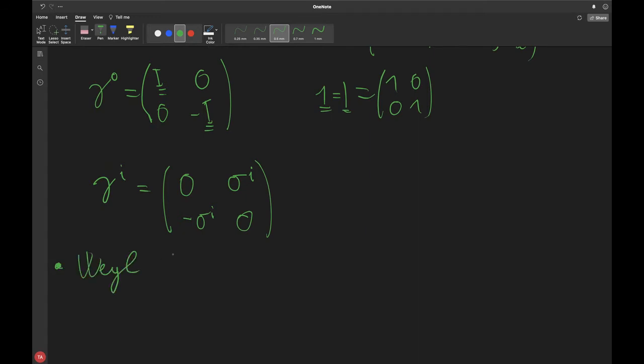Weyl, also called the chiral, and it is used when the energy is much bigger than mc squared.